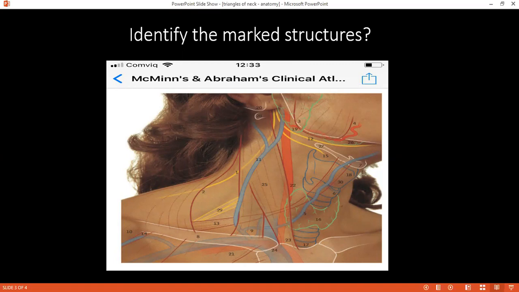Okay, good. Can you identify the cricothyroid muscle? 6, ma'am. Can you please tell me what is its innervation? Superior laryngeal nerve. Very good.